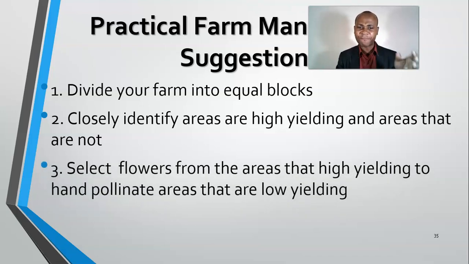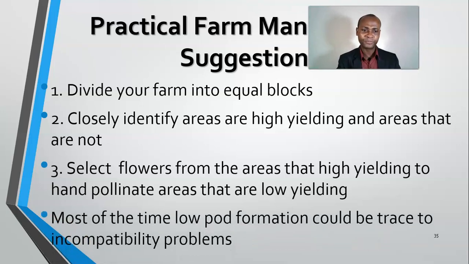So you select flowers from the areas that are high yielding and you hand pollinate the areas that are low yielding. So you might not have to pollinate the entire farm. Your target is only the areas that are not giving you the yield you are looking for.